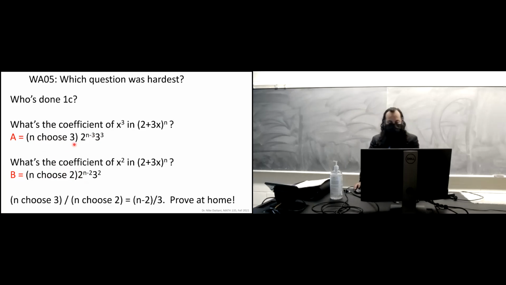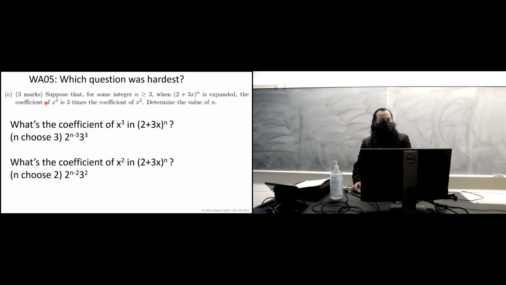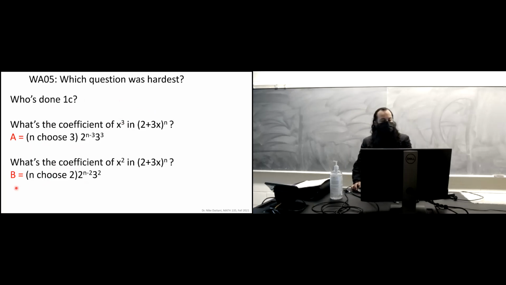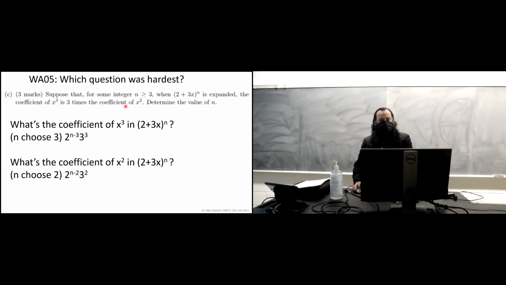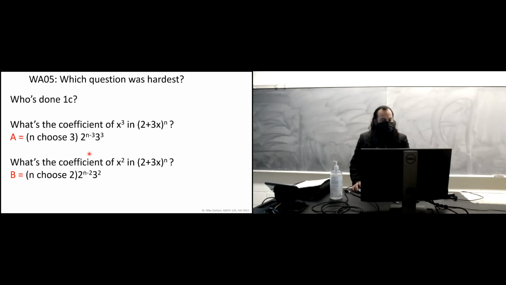We know that A divided by B equals 3, because the coefficient of this thing divided by the coefficient of that thing is 3. And then we have to determine n. So what happens if we divide this thing over that thing?